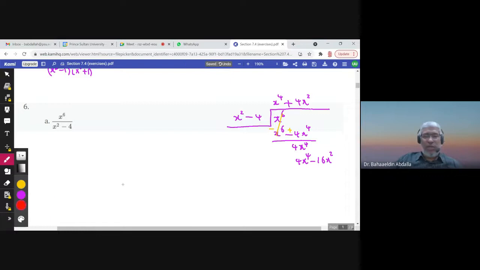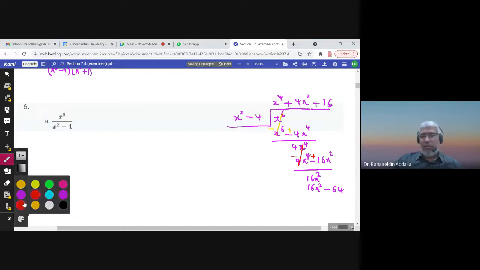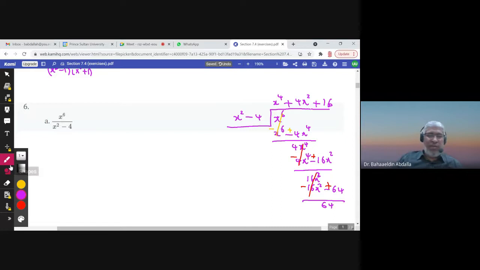Change the signs and add. I'll have 16x squared. Divide by x squared, plus 16. Multiply, minus 64. Change the signs and add. I'll have 64, and that's the remainder.